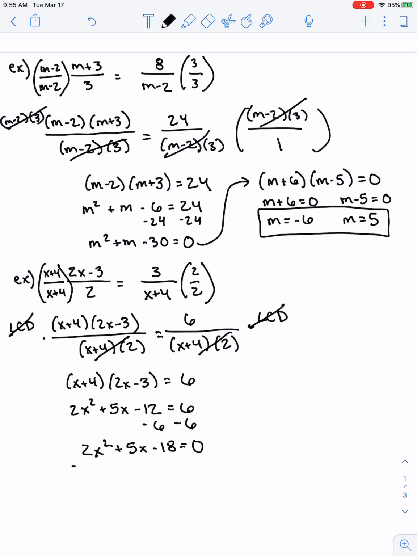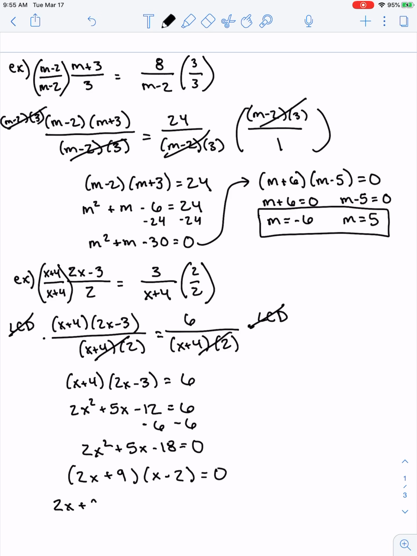So I'm going to go ahead and try to factor this one to solve. It looks like I could use a 2x plus 9 and a 1x minus 2. So I get a negative 18 for my constant, and I get a plus 9 minus 4 for the middle term, which gives me a 5x.